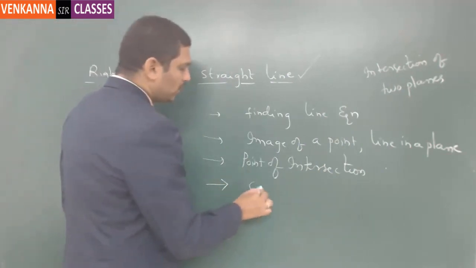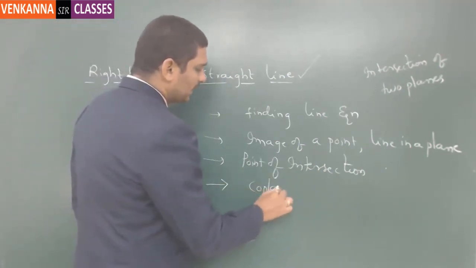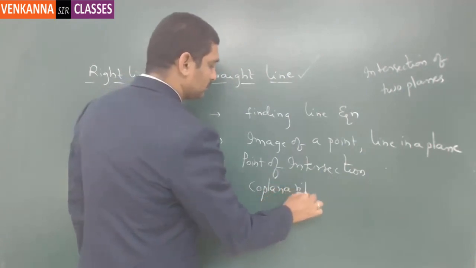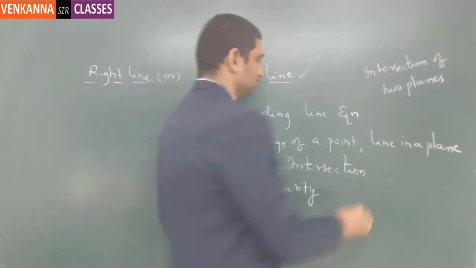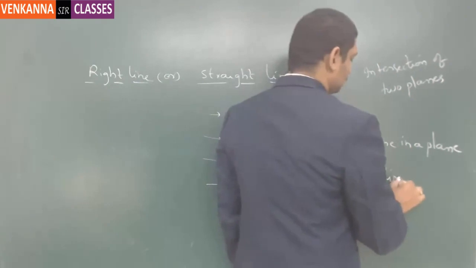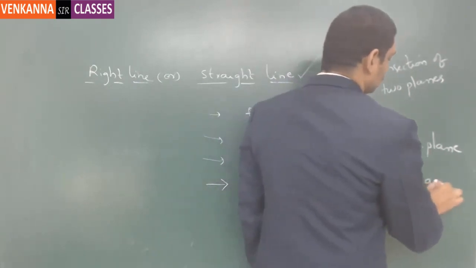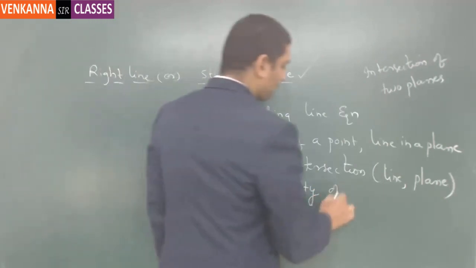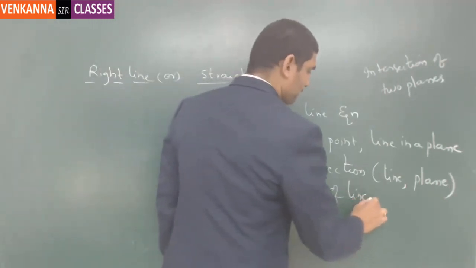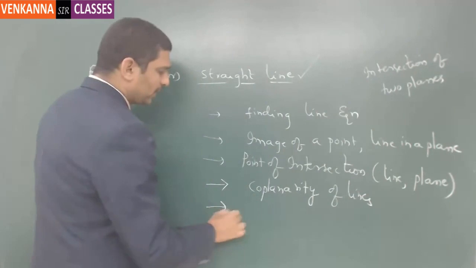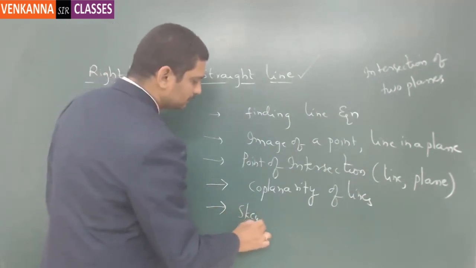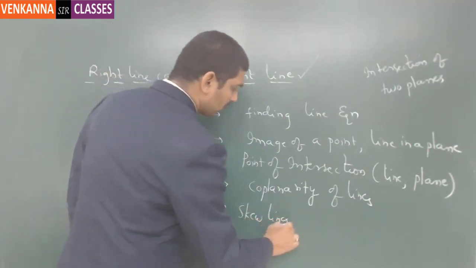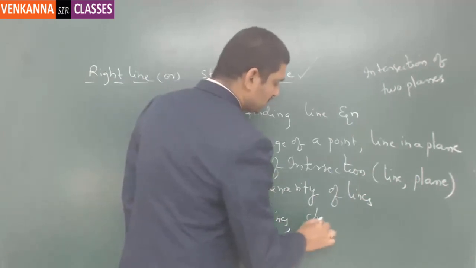Then we talk about coplanarity of lines. Then we talk about skew lines, nothing but shortest distance.